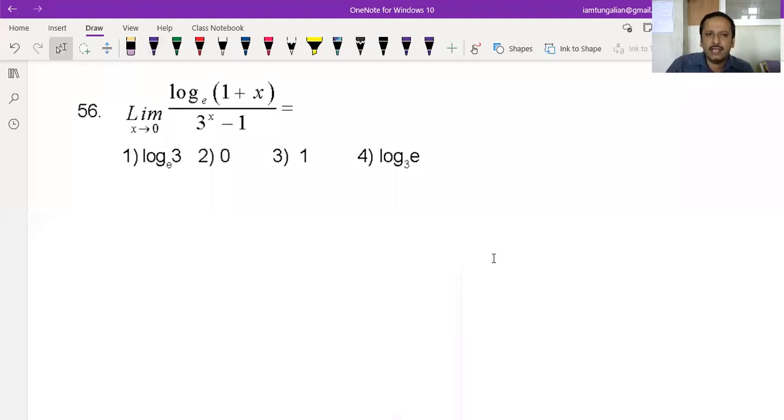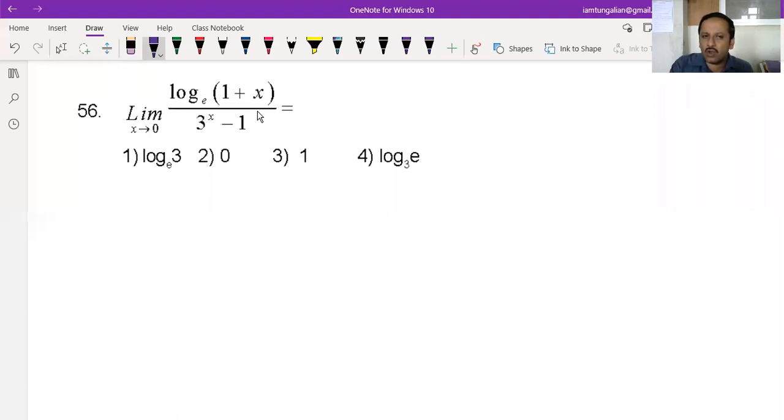56th question. Limit as x tends to 0 of log(1 + x) to the base a divided by 3^x - 1. Apply the limit as x tends to 0. We get log(1 + 0), that means log 1.